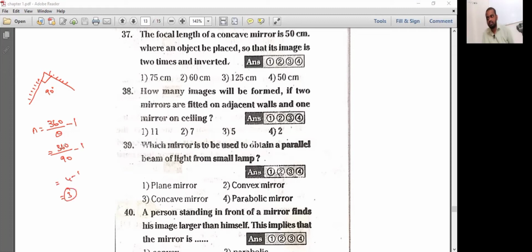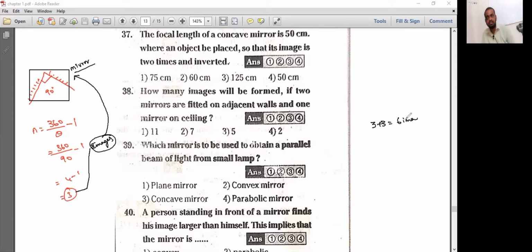So 3 images will be formed by these two plane mirrors, and one more mirror is placed on the ceiling. These 3 images will act like objects for this mirror, so 3 plus 3, 6 images.